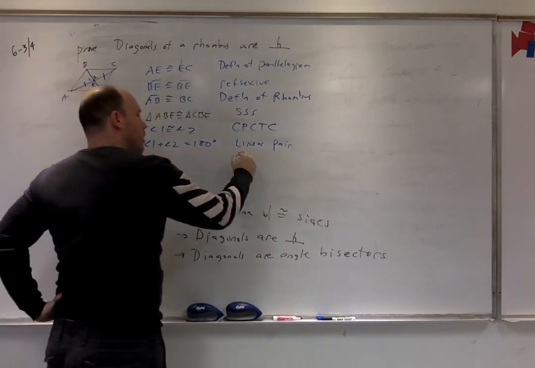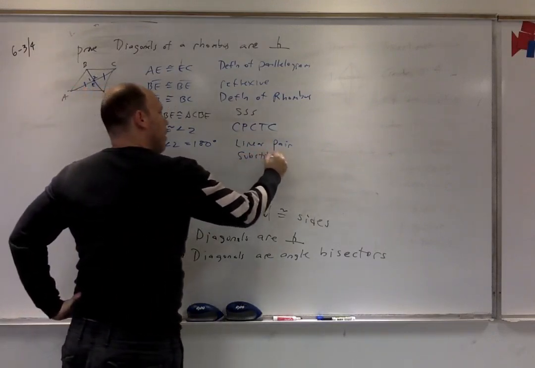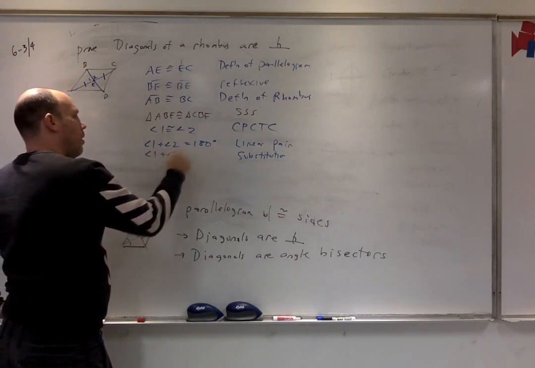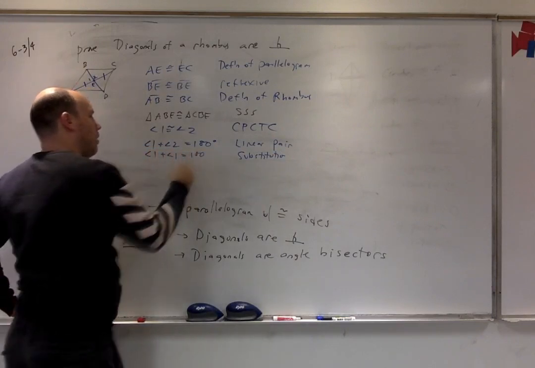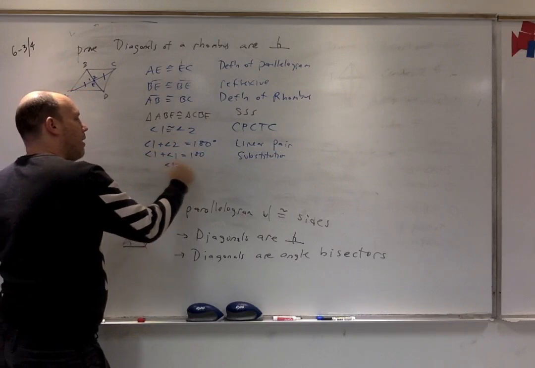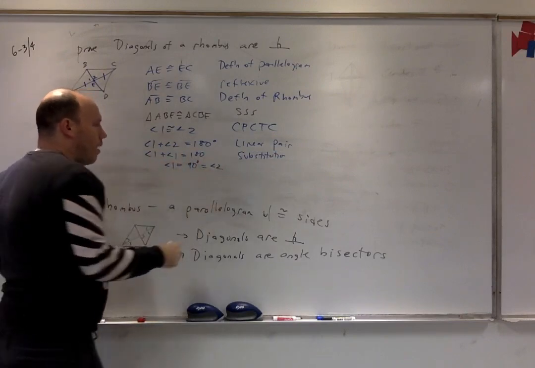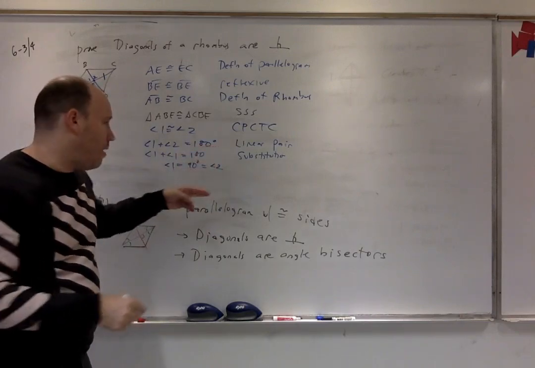You know what I can do? Substitution. And then angle 1 equals 90 degrees, which equals angle 2. I'm kind of picking up the pace here.